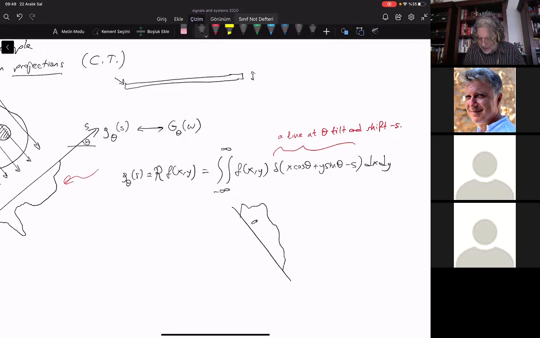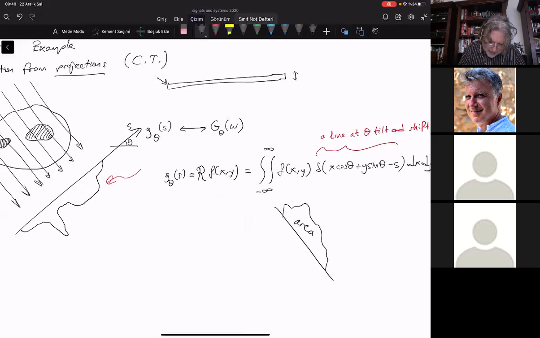I find the area underneath, and that area will give me, for example, the value of g sub theta of s at this certain point corresponding to the certain s value. Okay, that's what g theta of s is, and that's what a Radon transform does.